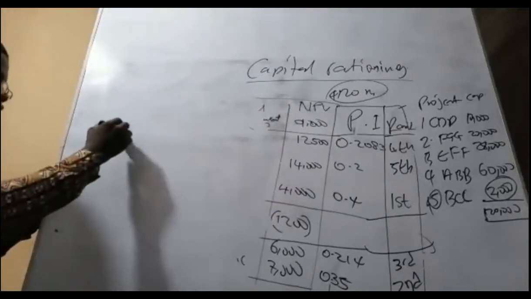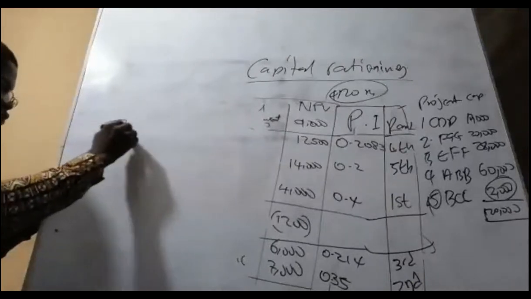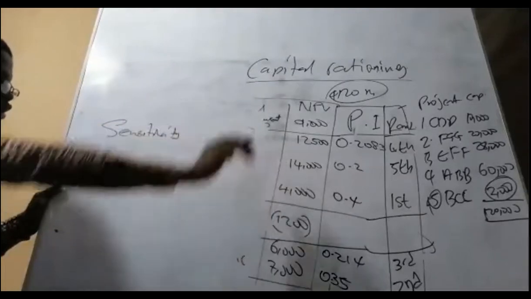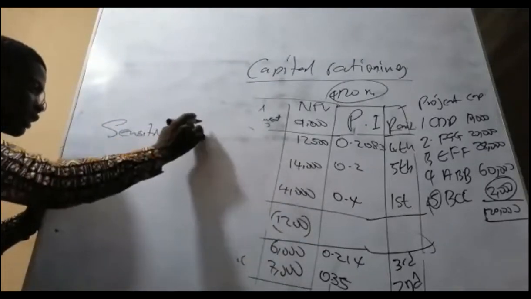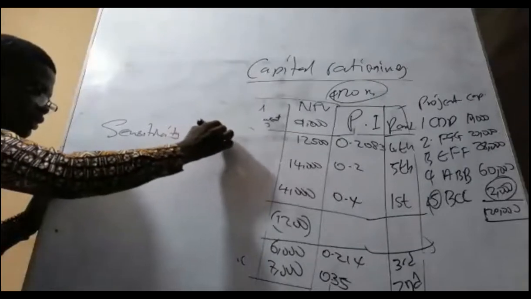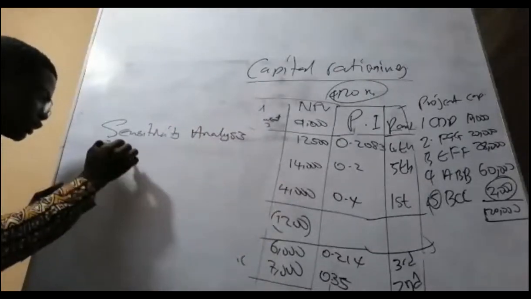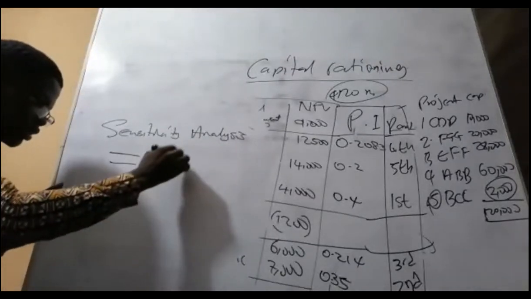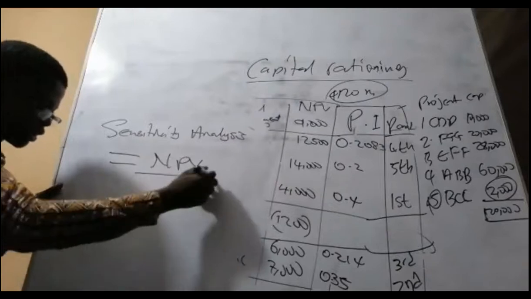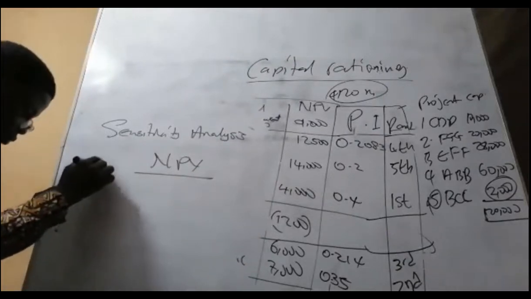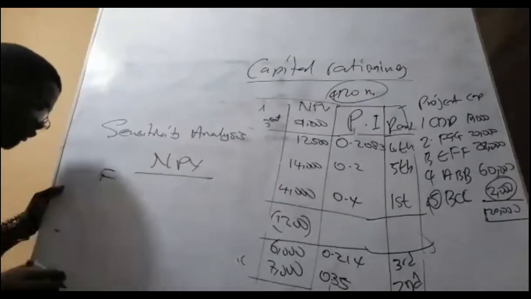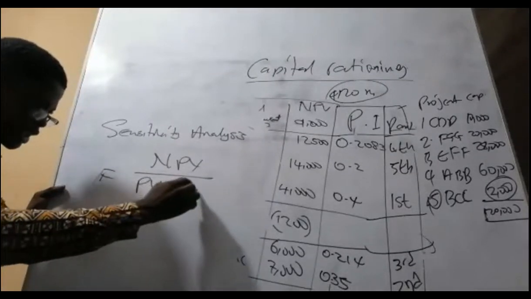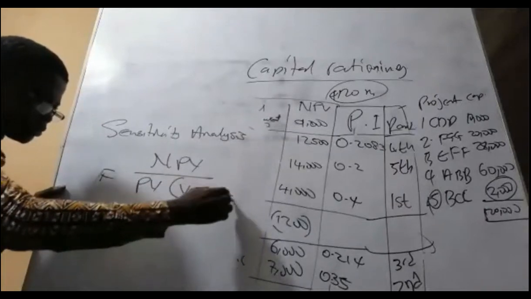So to conduct sensitivity analysis, don't worry, relax. The general formula is equal to NPV divided by the present value of the variable that you are looking for.